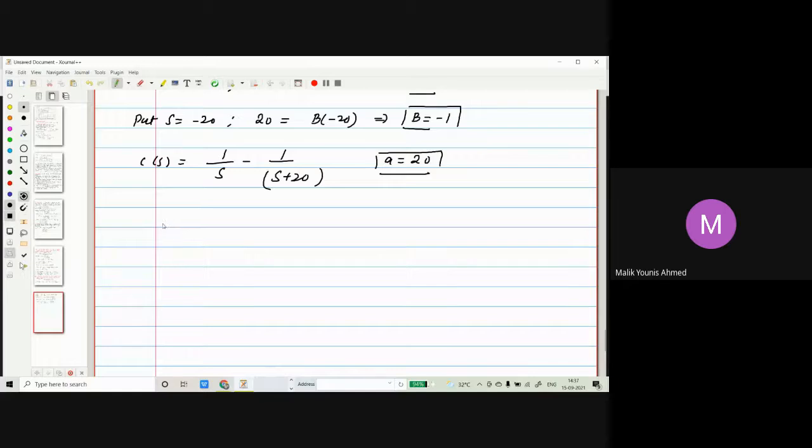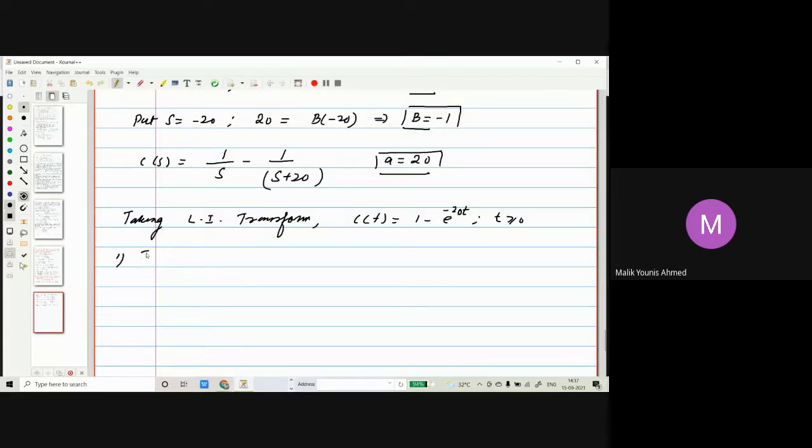So taking the Laplace inverse transform, C of t will be 1 minus e raised to power minus 20t. Obviously, that is for t greater than 0.